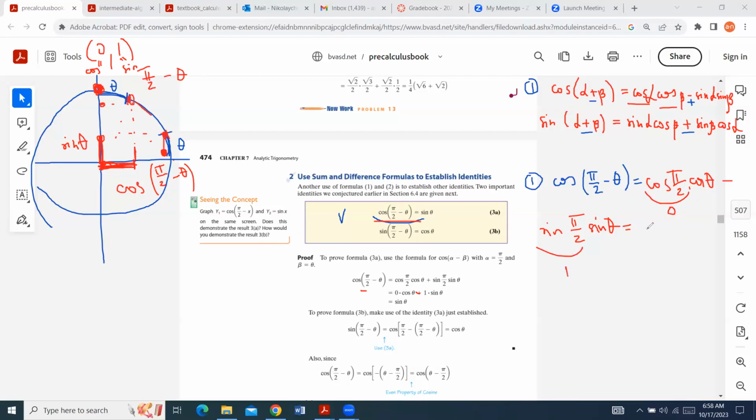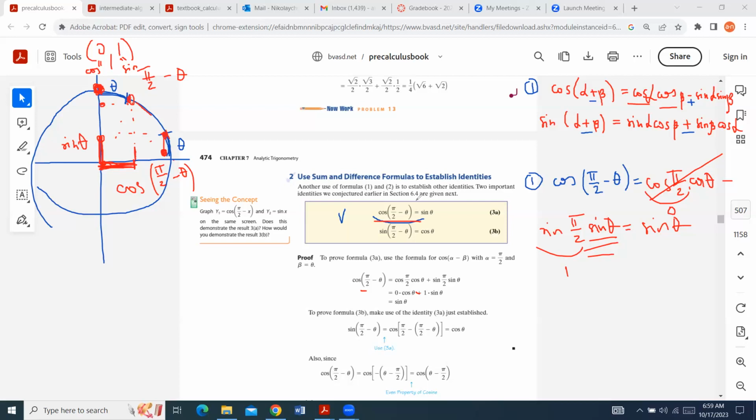So all I have is just the last piece, because it's multiplied by 1, and that one is multiplied by 0, so it disappears. Truly pretty neat. So just plug numbers in the formula, and of course use the fact that with pi over 2, you have 0 and 1 for the coordinates of that point.